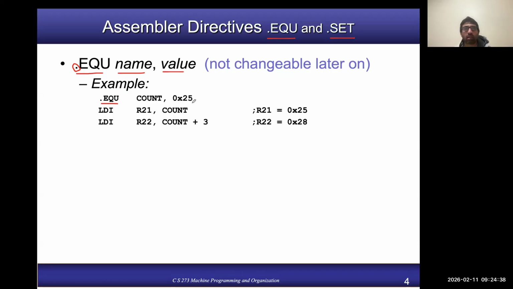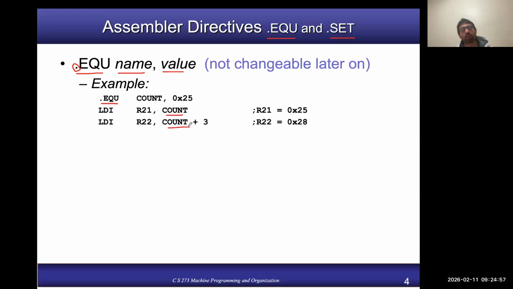It is just like in C or C++, where you define macros. So it is the same as that. Now, what will happen is that everywhere in your program where you are using count, it will be replaced by 25.